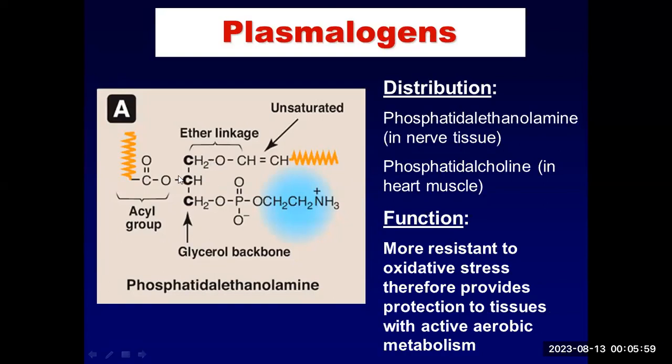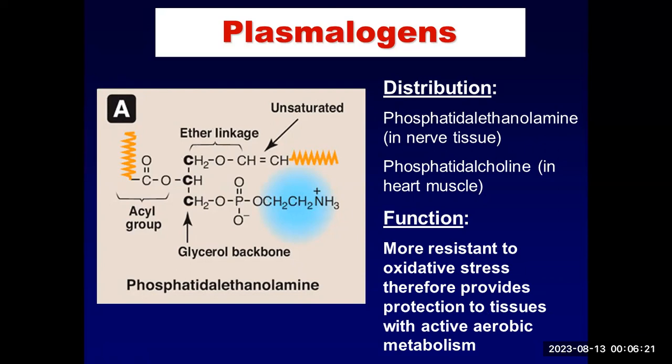You can see right here, this is the ether linkage, unsaturated fatty aldehyde, and this is the acyl group, fatty acid, phosphoric acid, and the nitrogenous base ethanolamine. So this common name is plasmalogen.